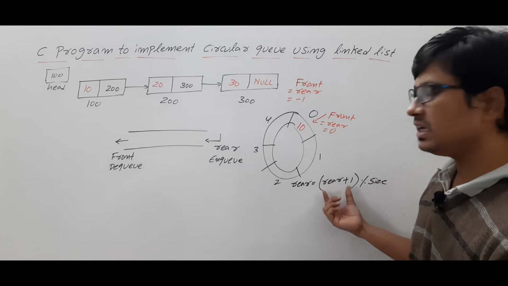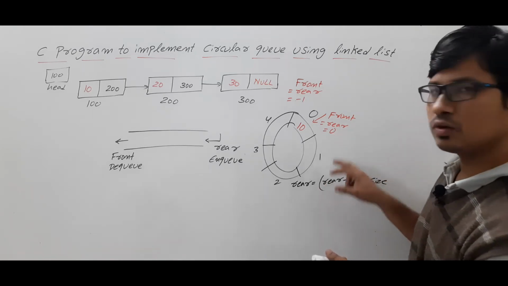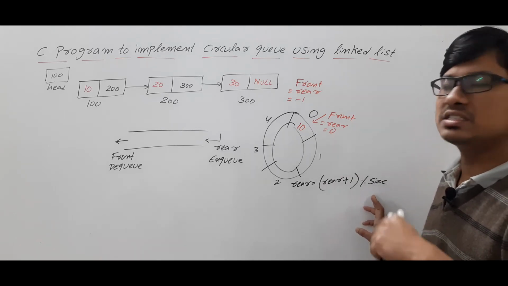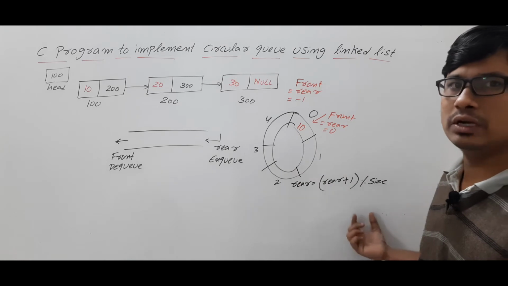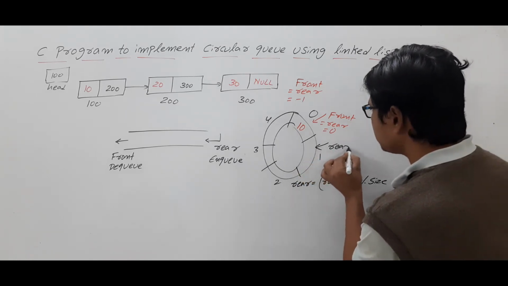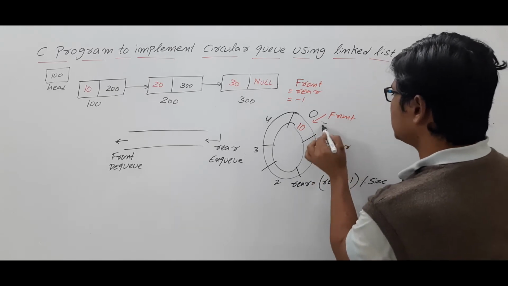So you increment the rear and take modulus by the size. So rear is 0, 0 plus 1 is 1, 1 modulus size, let's say the size of the array is 5, so 1 modulus 5 you get 1. So rear will be pointing here. Rear value becomes 1 and front value is 0.